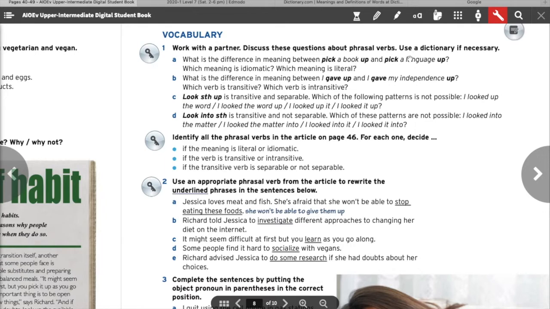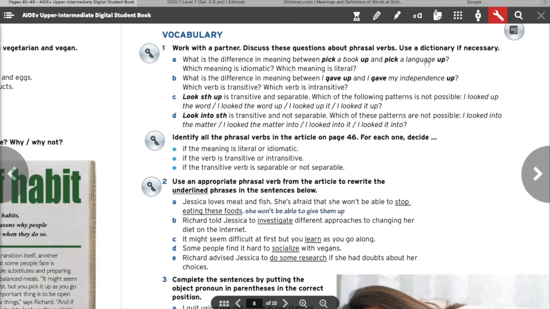But pick a language up is when you start learning a language. For example, when you moved to the United States and you didn't study much English, but you're still learning the language because you're being exposed to other people, to the TV, to the newspaper, and to your surroundings.